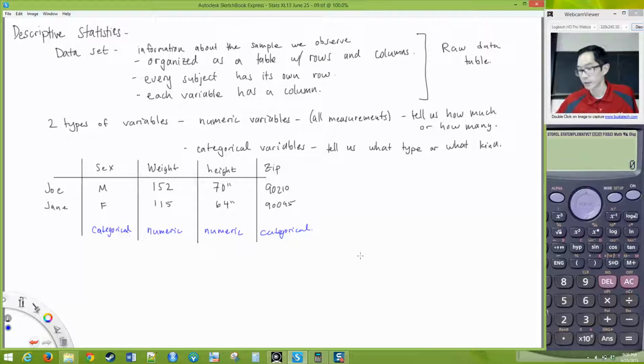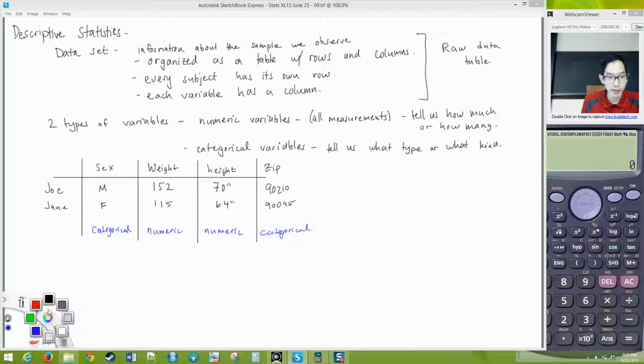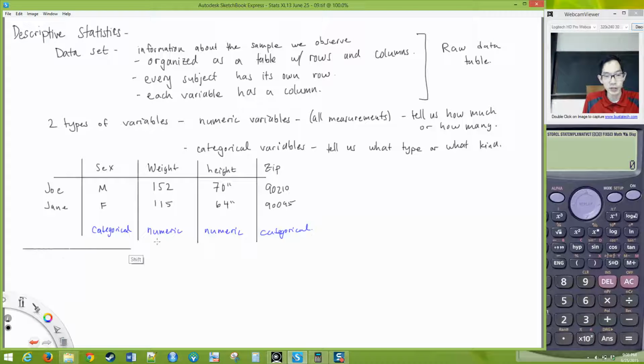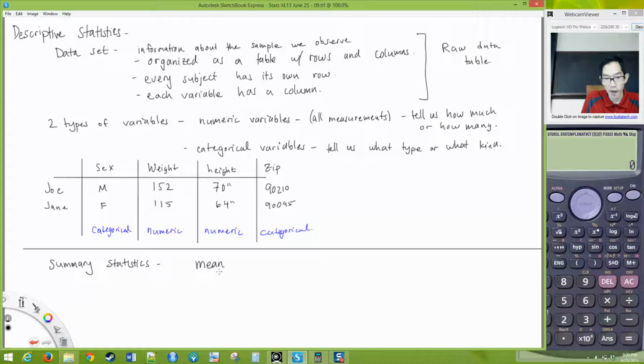Okay. Then we have descriptive statistics, okay? We have summary statistics. Okay? Summary statistics, these include things like the mean and the median, no problem.